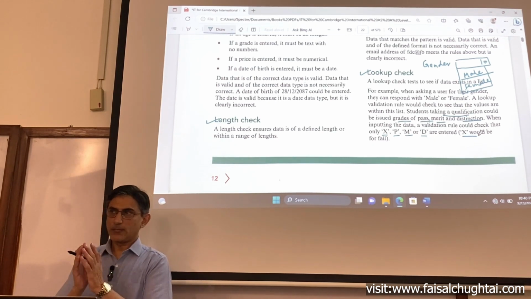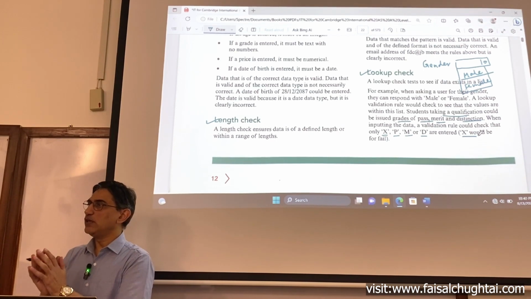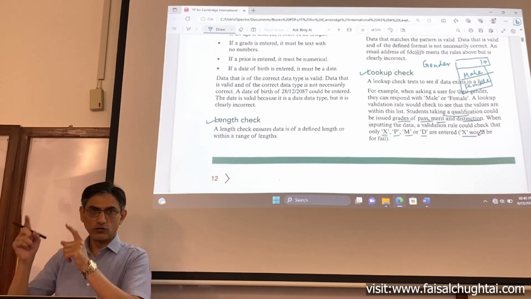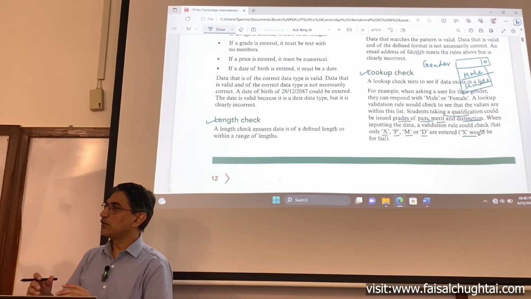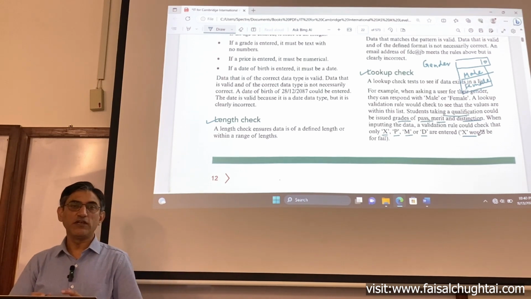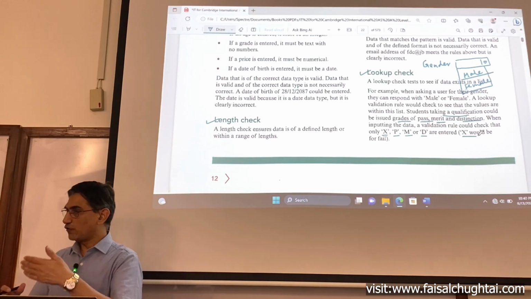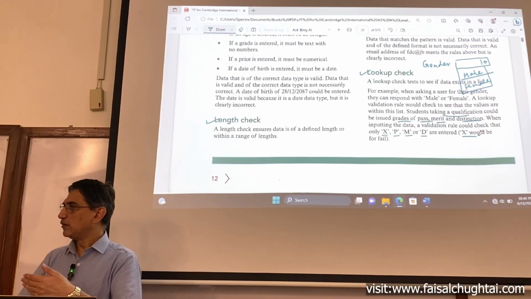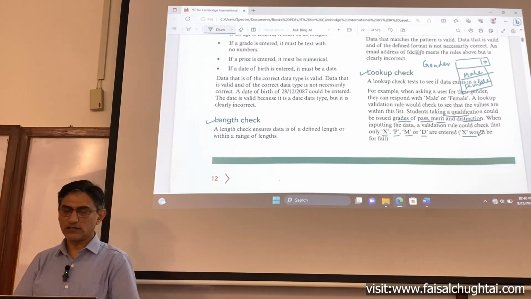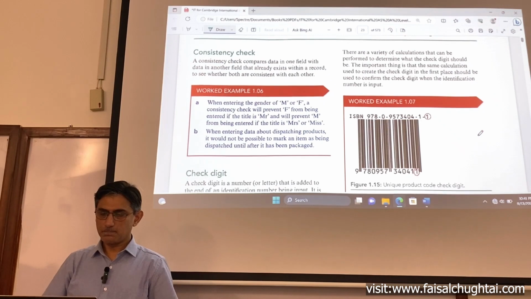Having said this, a lookup check would mean that only a value given in the lookup list is a valid value. Anything that you type otherwise would be considered invalid because there will not be a match for that data in the lookup table or in the list of predetermined options. This is something you must keep in mind as well.